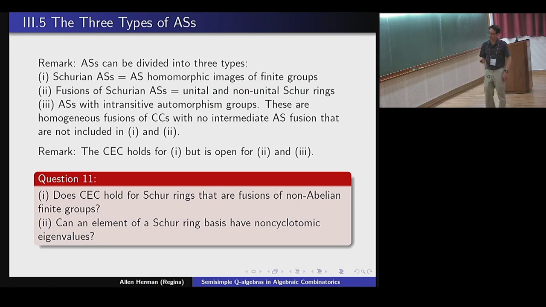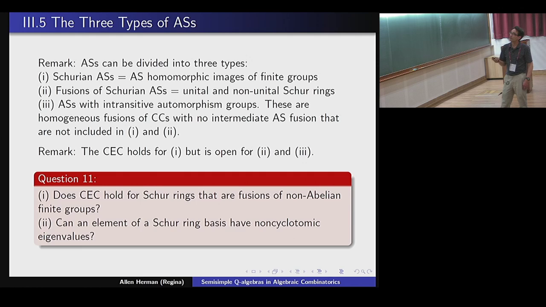And for those, there is no intermediate association scheme fusion. The cyclotomic eigenvalue conjecture, which I'm interested in, holds for the first one, and my student Neha has the proof on her poster tomorrow. But it's open for the second and third classes here.